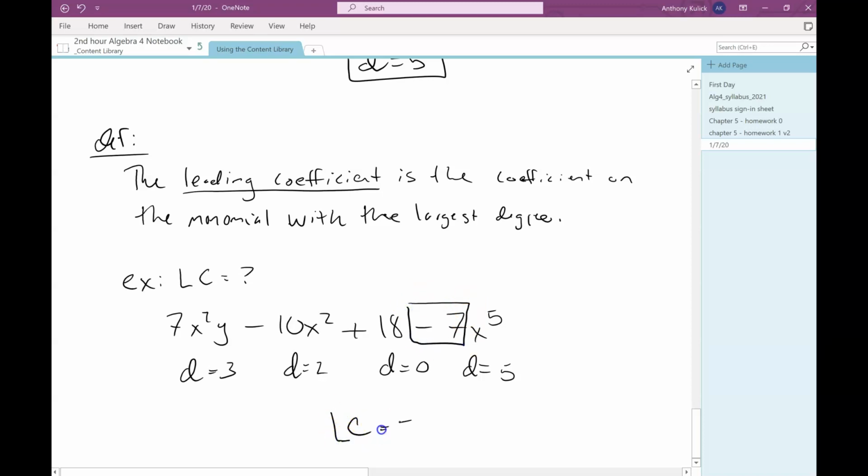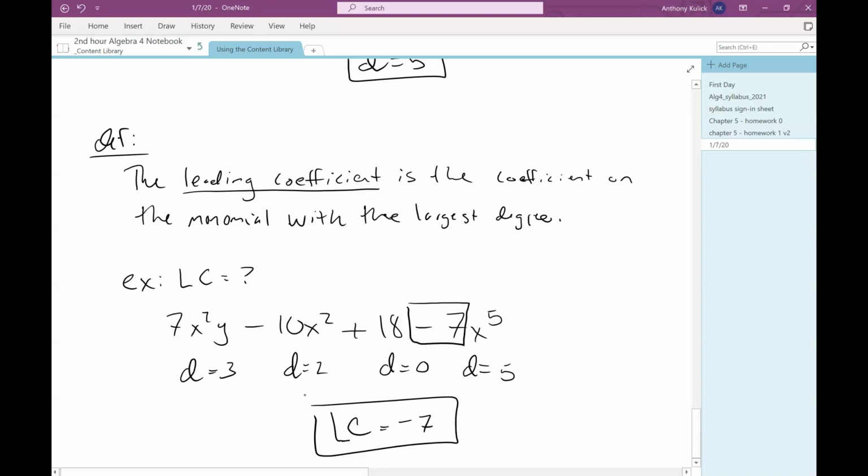Everybody happy with that? Again, super easy concept. We'll use that term a lot, so it's nice that we have a piece of vocabulary that's pretty easy. In fact, we've used leading coefficient a bunch of times before already when we talked about quadratics, right?